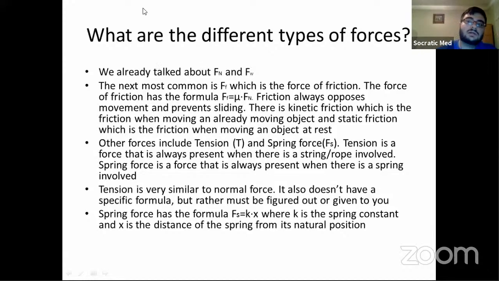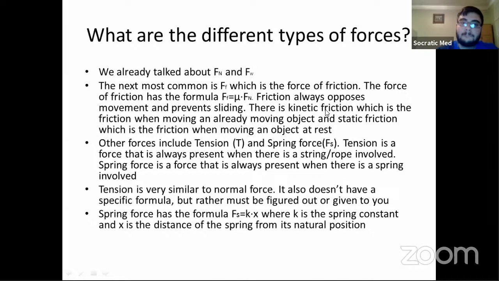K is the spring constant, and it depends on each spring. If you want to think about it, it's like the elasticity of the spring itself, but they'll always give you what K is. It's just the specific constant for the specific spring they're giving you. I don't know what the K constant of this spring is, but whatever it is, a different spring would have a different K constant.